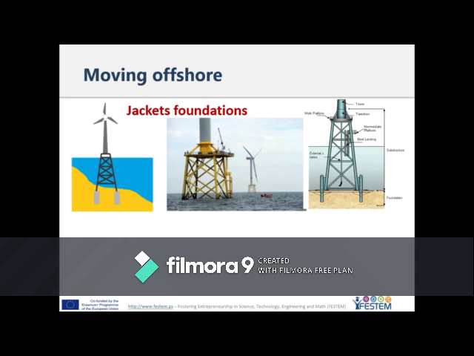Jacket foundations are a little bit different, usually for deeper waters, and it rises above the sea, and it has a structure like a jacket. We have three or four bases.